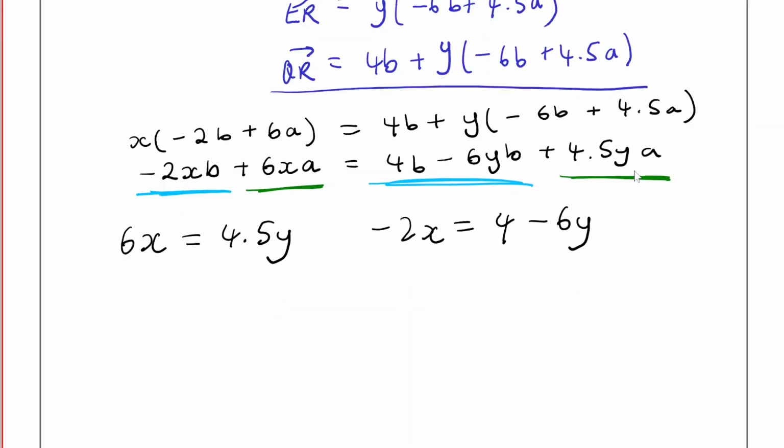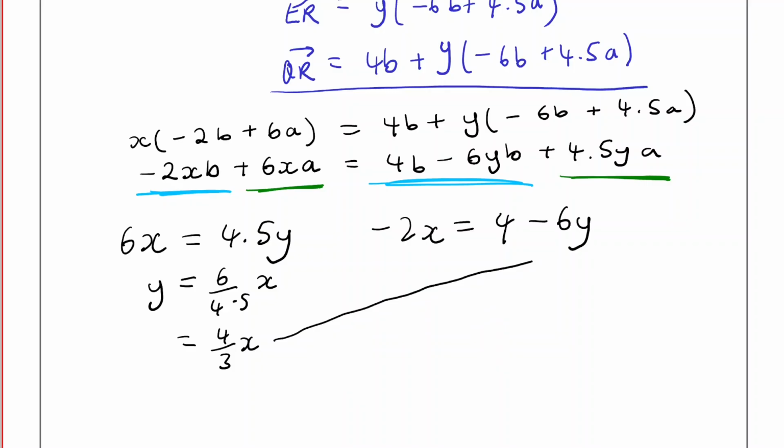So I'm going to get rid of Y. If I divide 6 by 4.5, 6 over 4.5, divide top and bottom by 1.5, that's 4/3. So Y is 4/3 of X.